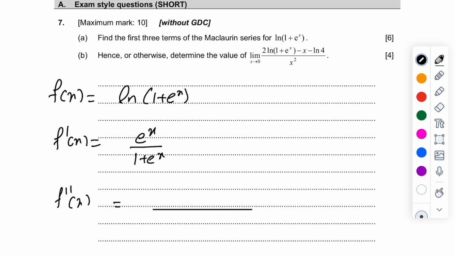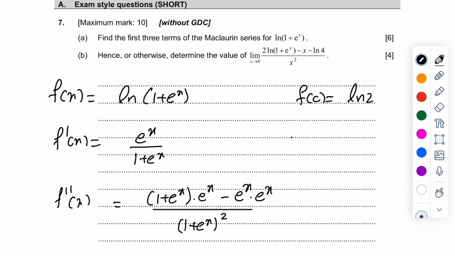So it becomes (1 plus e power x) whole square, 1 plus e power x times derivative e power x minus e power x as it is times derivative of 1 plus e power x, which is e power x. Now substitute 0 in the function, you get ln 2. Substitute 0 in the first derivative, you get 1 upon 2. Substitute 0 in the second derivative, you get 1 upon 4.